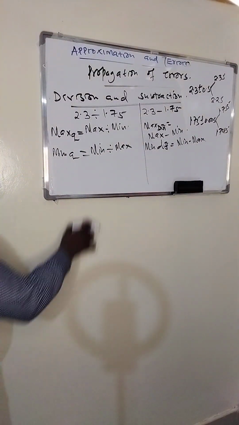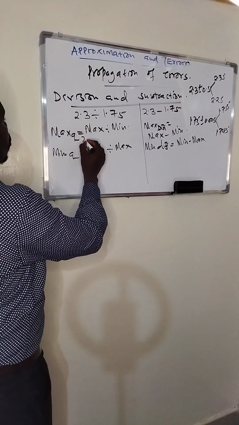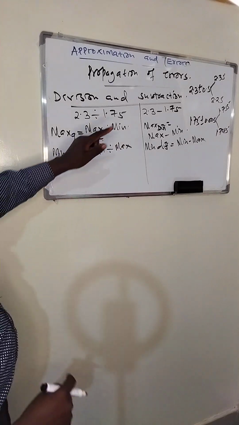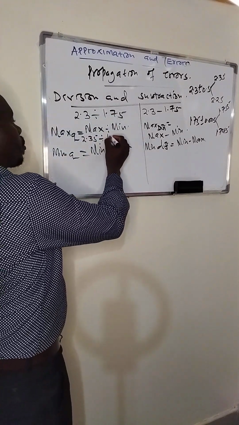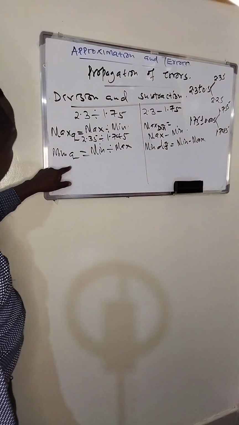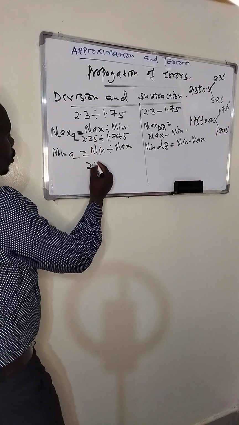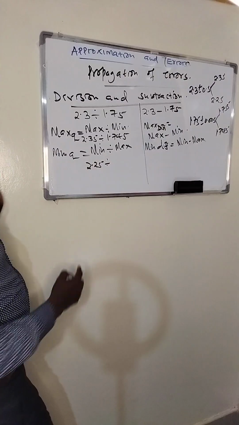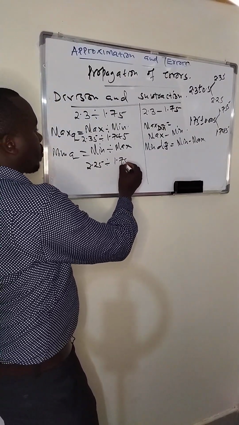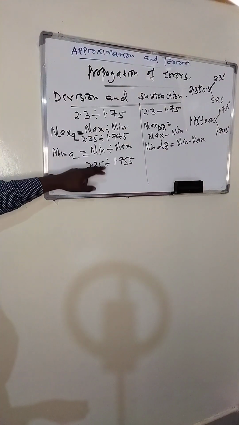So for the maximum quotient, you take the maximum of 2.3, that is 2.35, divided by the minimum of 1.75, which is 1.745. For the minimum quotient, you take the minimum of 2.3, which is 2.25, divided by the maximum of 1.75, which is now 1.755.